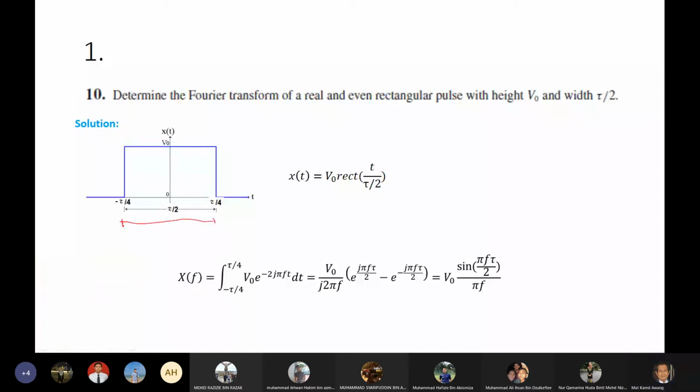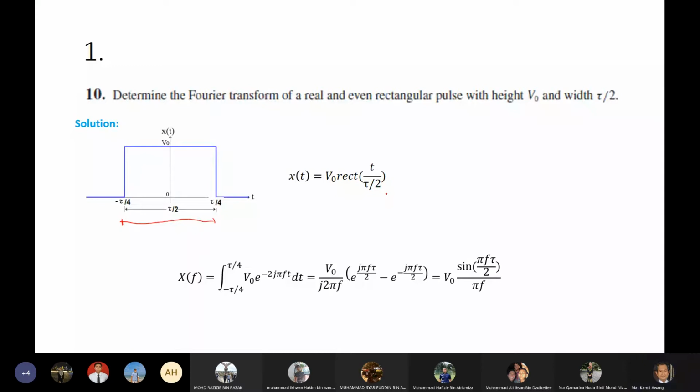Therefore, you have a rectangular wave from minus tau over 4 to tau over 4, to make this an even rectangular pulse. So this can be represented by x of t equal to V0 rect of t over tau over 2, so basically t over the period, capital T.